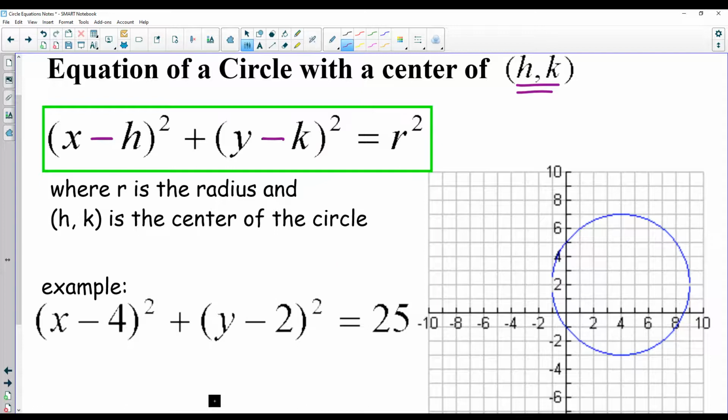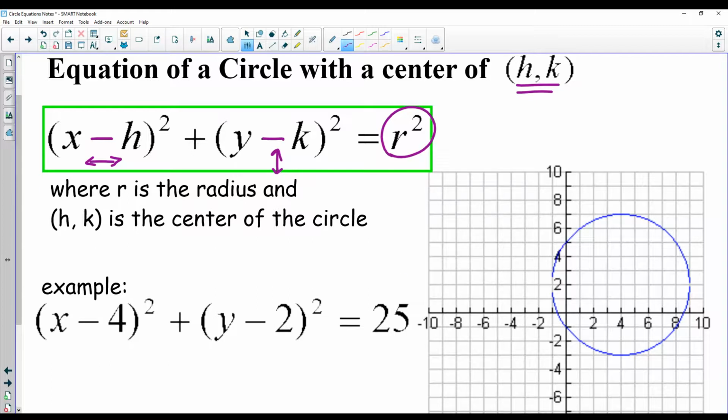That means that it actually does the opposite movement that you would think, okay? This number in here with x goes left and right because that's an x movement. The number in here shifts it up and down because it's the y movement. And the r squared, r is still the radius.